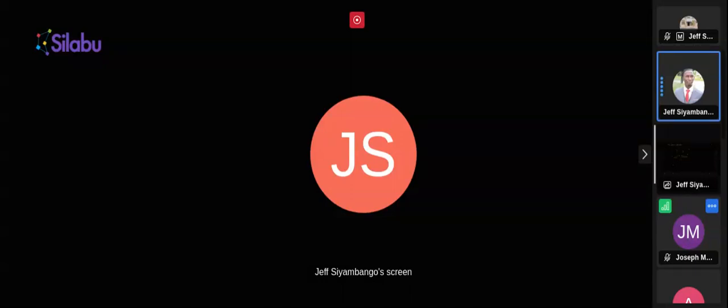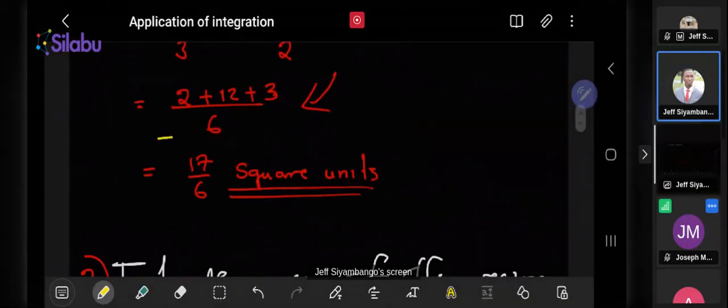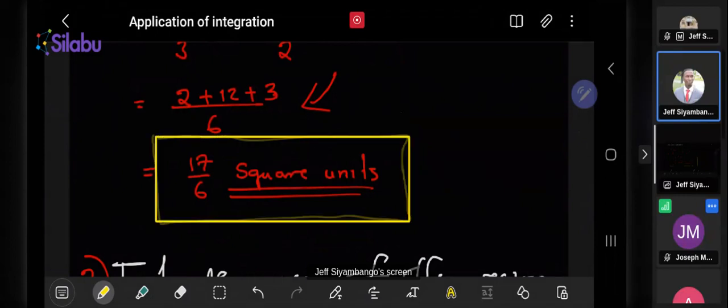So for the question, when we positioned them in the correct position, look at the answer we got. We got the same thing, but it was positive. By just changing the position, we end up with a negative. So what I'm trying to say is, even if you did not know which one is greater, you should still come up with the same answer.